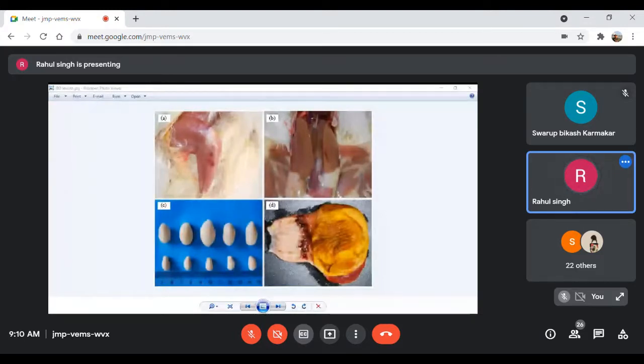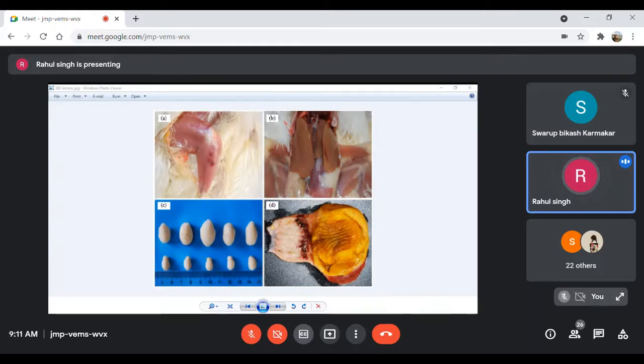Then this is the proventriculus, this is the gizzard, and this yellow color is the koilin layer over the gizzard. If you see at the junction of proventriculus and gizzard, there are hemorrhages here. The red color you can see here is hemorrhage.